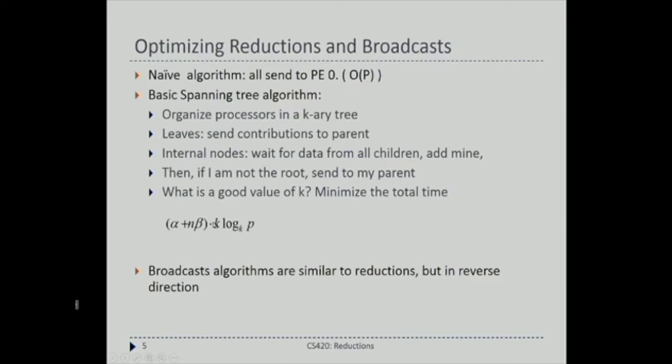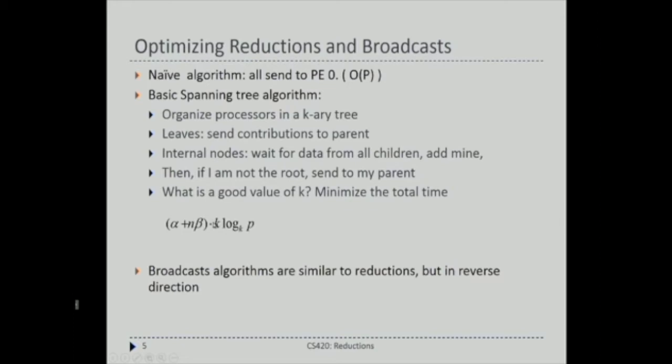So it's basically going to be n over m times alpha plus m beta. M is the size of each packet, n is the size of the whole thing, so n over m is the number of packets you are pushing, and that product is all that you're going to incur.